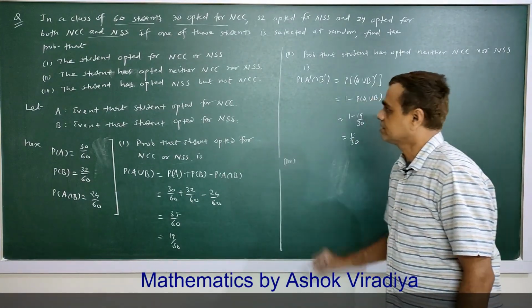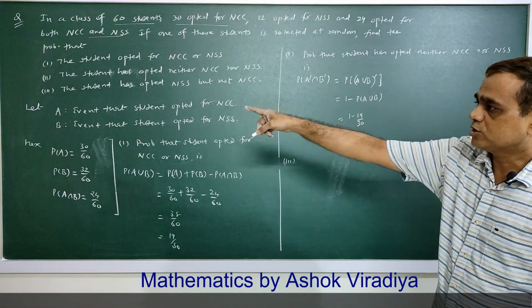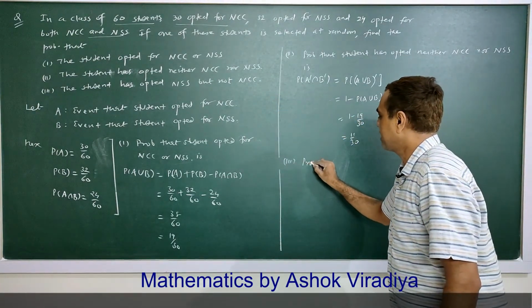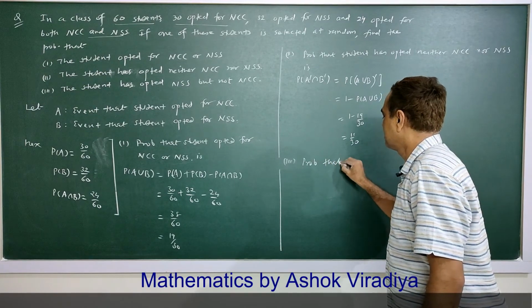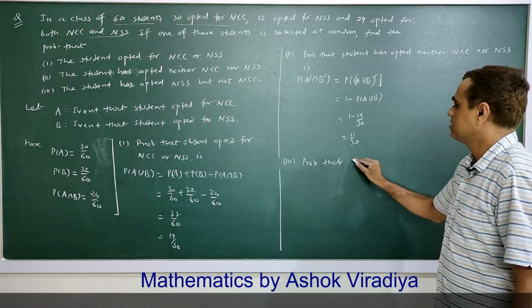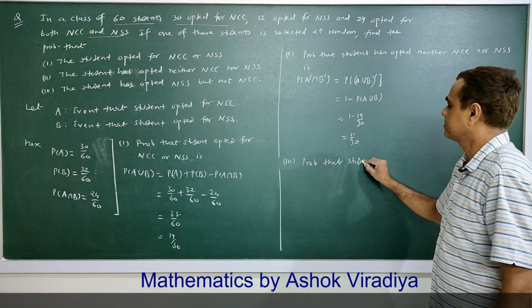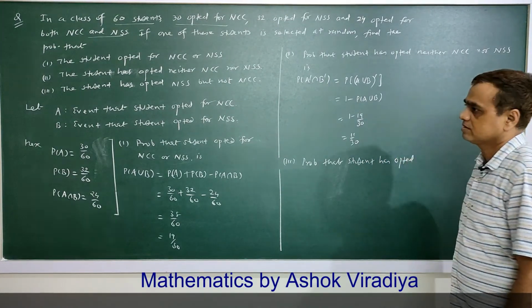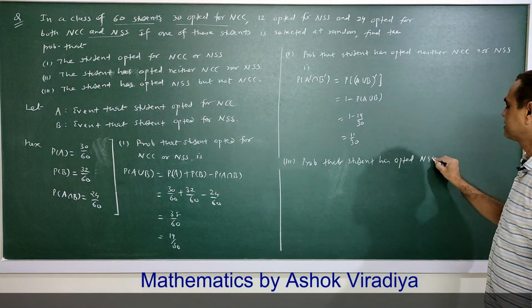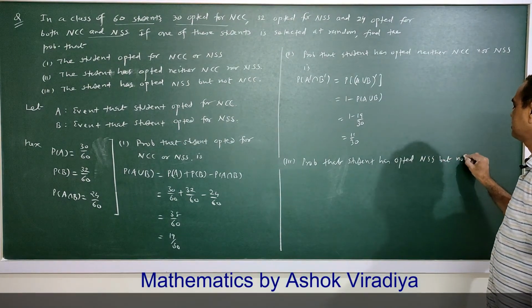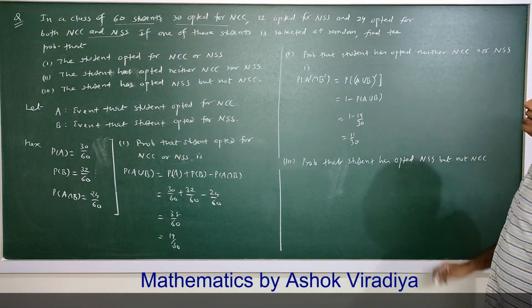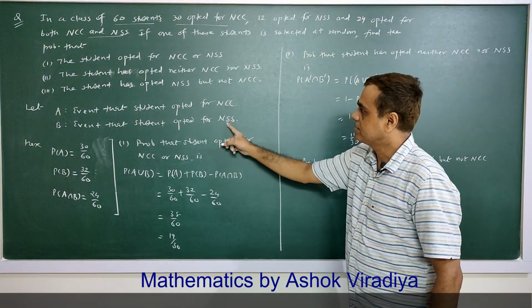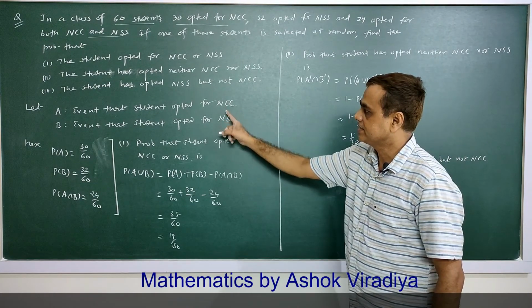Third is the probability that the student has opted NSS but not NCC.